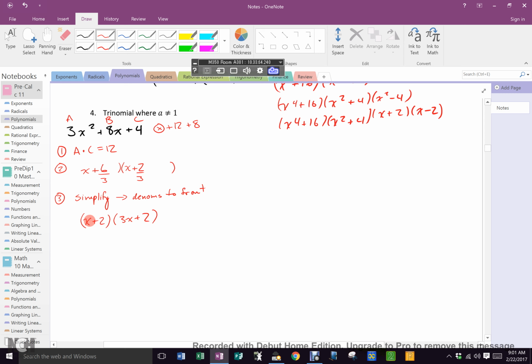Then I check it. Is x times 3x squared? Yes. Is 2 times 2, 4? Yes. If the first and last work, the middle works. And that is done. Does everybody remember seeing that in the past from somebody?